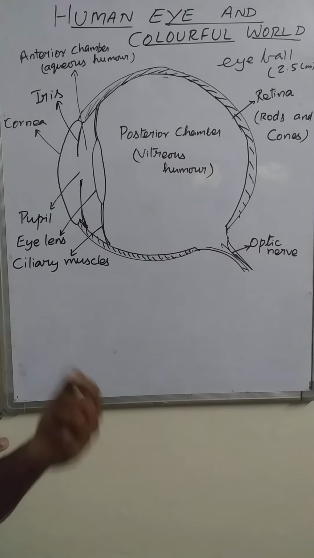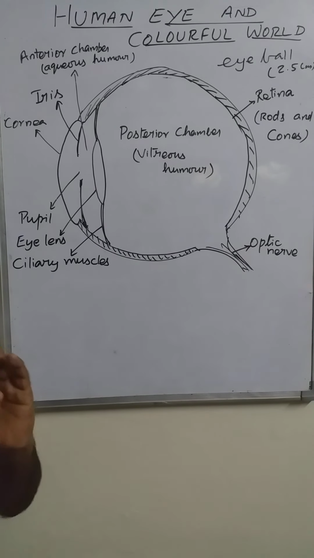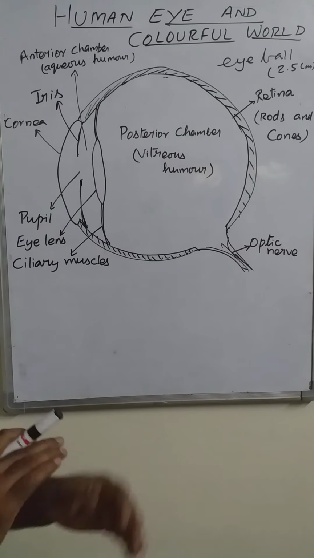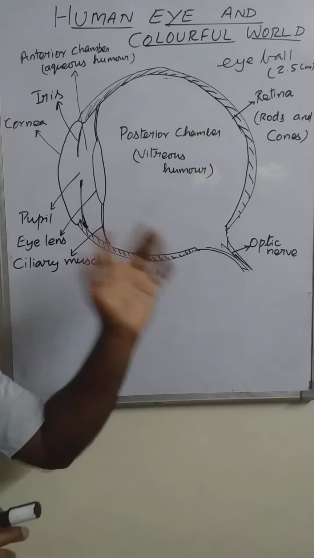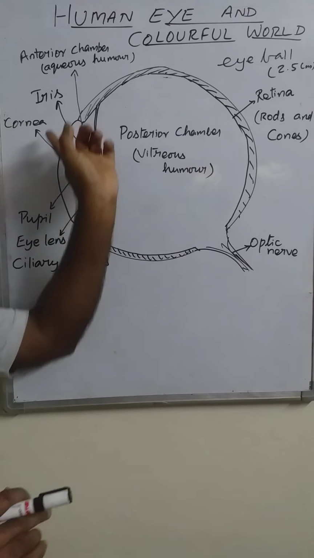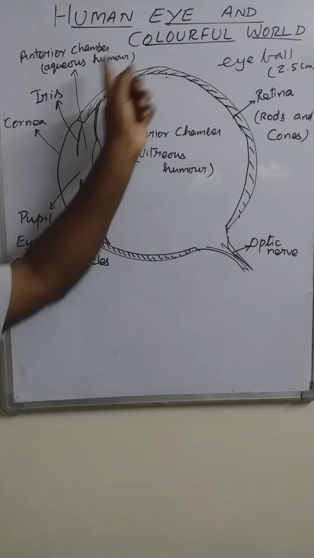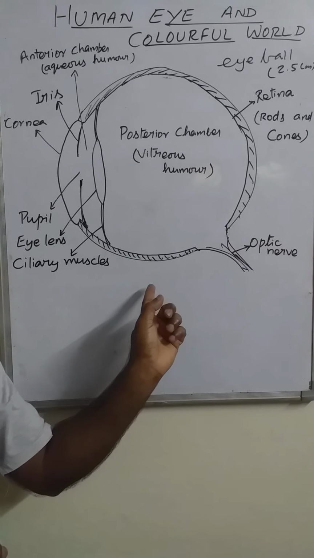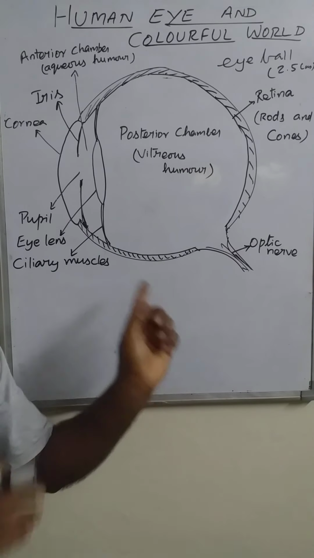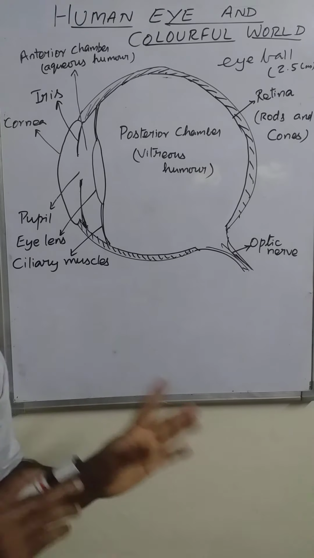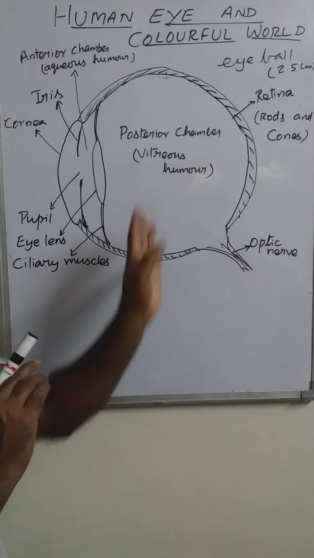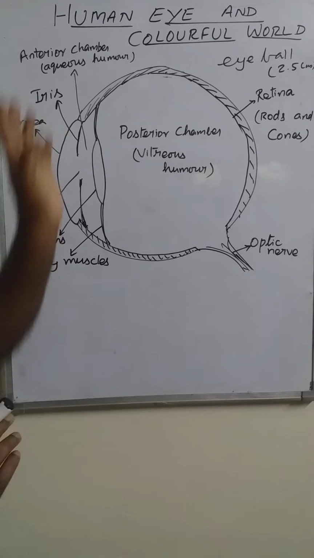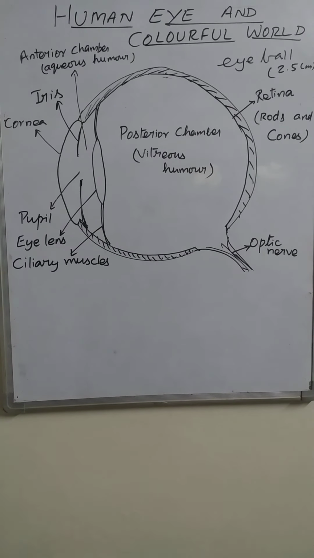So we can say that the tissues are somewhat harder, so that they can give the spherical structure to this human eye. And this is the outermost layer that is made up of tissue. That tissue is opaque, meaning no light can pass through from this part to the other parts.